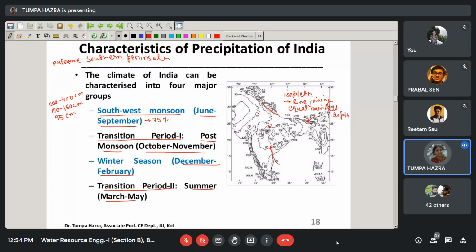So in the transition period 1, the northeasterly wind picks moisture from the Bay of Bengal and hits at the extreme southern peninsula, and creates heavy rainfall with tropical cyclone.